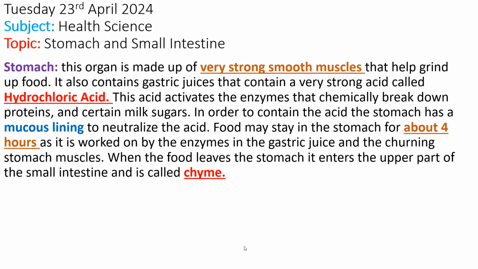Okay. Go ahead. Since he's not able to read, Dior Ramsey, can you read this paragraph for me, please? Stomach. This organ is made up of very strong, smooth muscles that help grind up food. It also contains gastric juices that contain a very strong acid called hydrochloric acid.